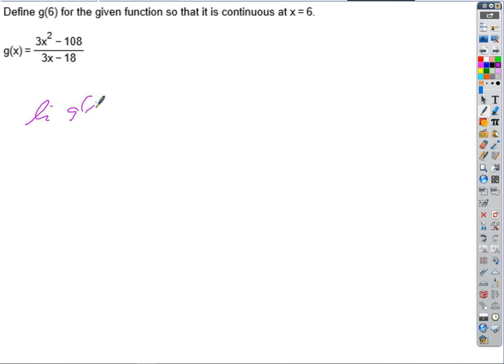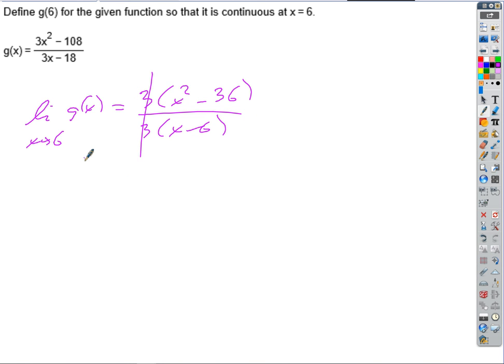So the limit of g of x as x approaches 6 equals, we could factor some things here. We could take a 3 out of the top, x squared minus 36, take a 3 out of the bottom, x minus 6, and cancel those. Now what?